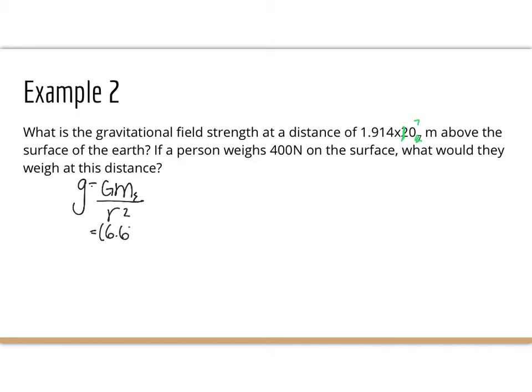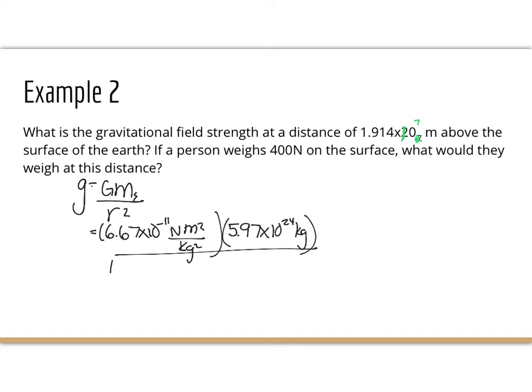So 6.67 times 10 to the negative 11 newton meters squared per kilogram squared times the mass of Earth, which is on our formula sheet, 5.97 times 10 to the 24 kilograms, divided by our radius, which is the radius of Earth, 6.37 times 10 to the 6 meters, plus the distance we are from the surface of the Earth, and that's all squared. I get that g is equal to 0.6119 meters per second squared.